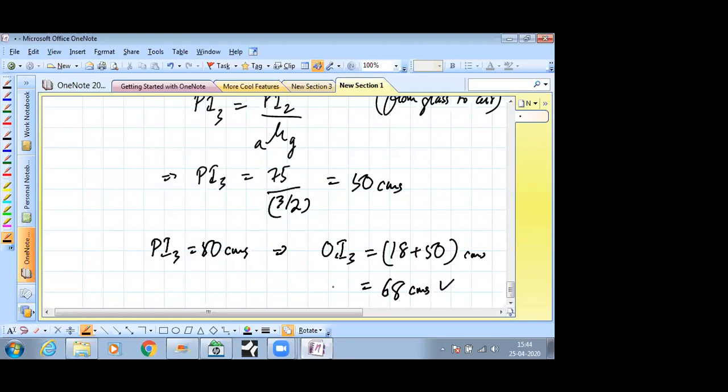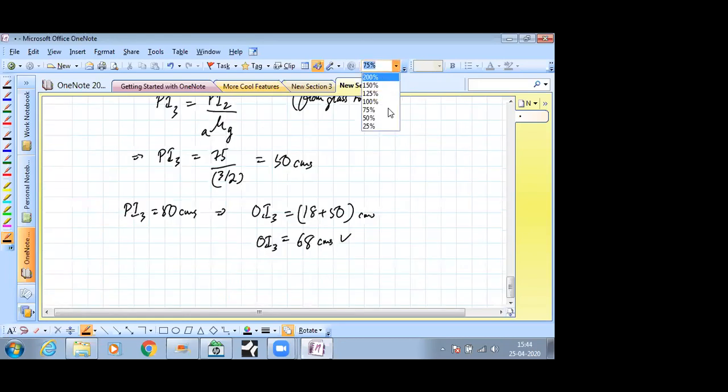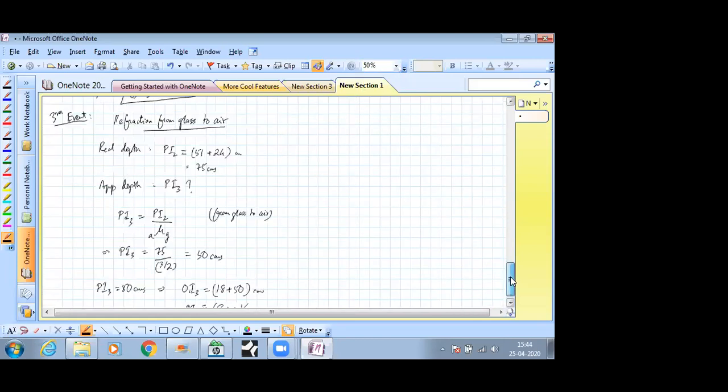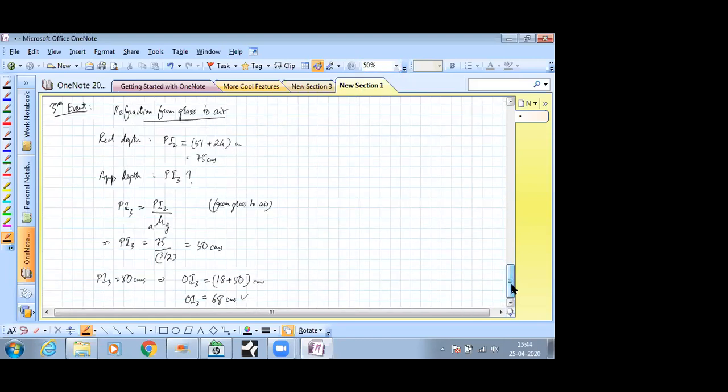This becomes my final answer: the position of the final image with respect to the object. I'll just minimize this calculation and also show it to you in context of the diagram. That is fully clear. Just take down the calculation and the value, so that when I refer to the diagram next, you can clearly understand which one is which.